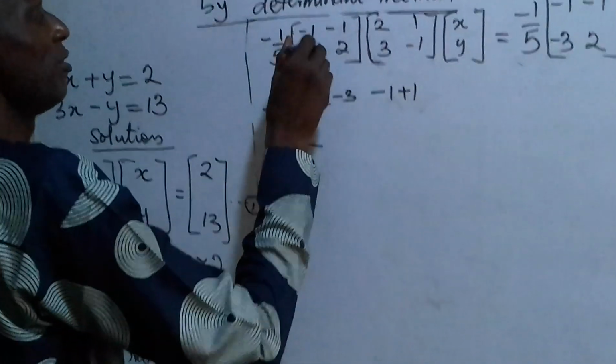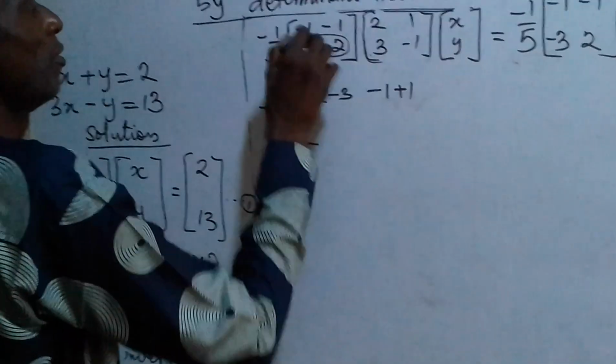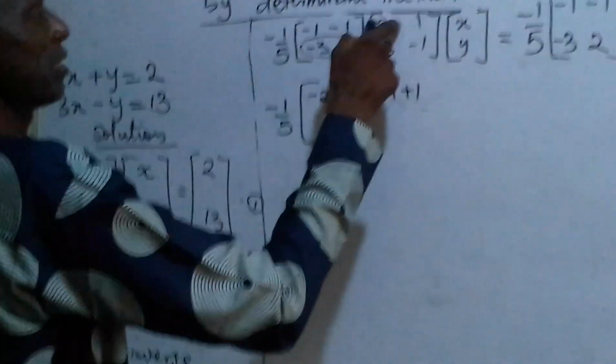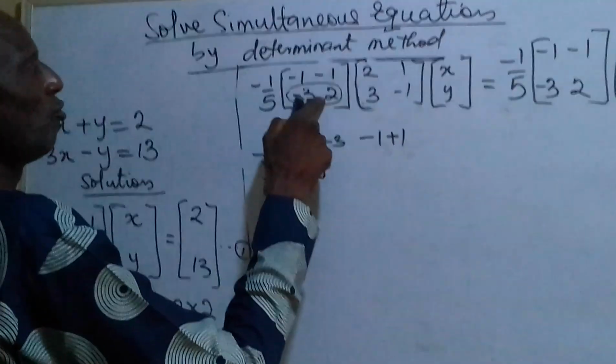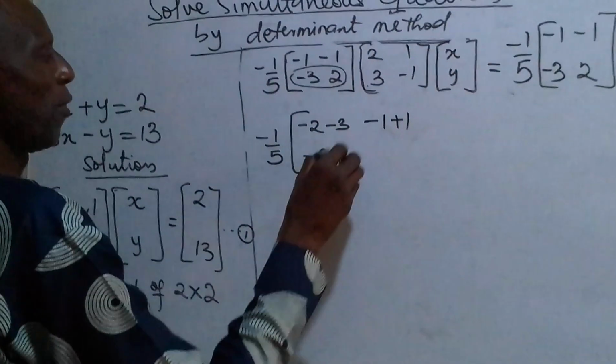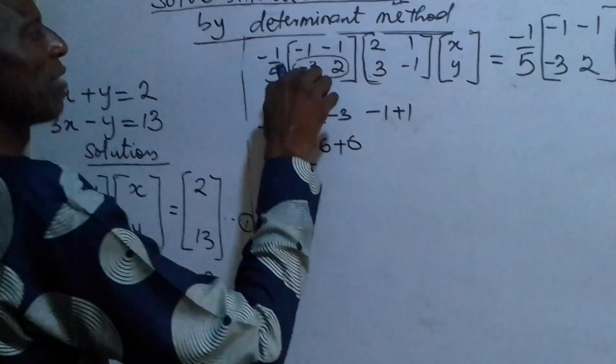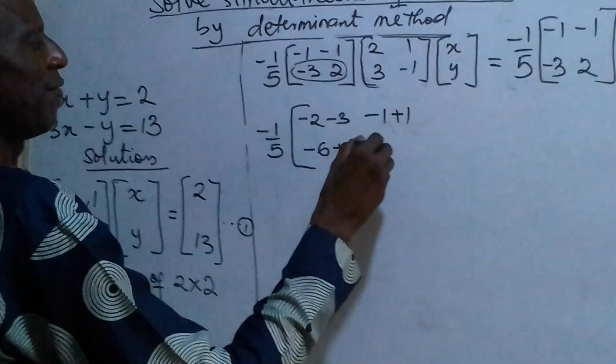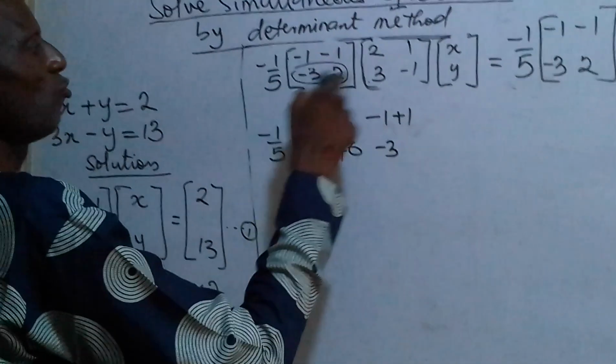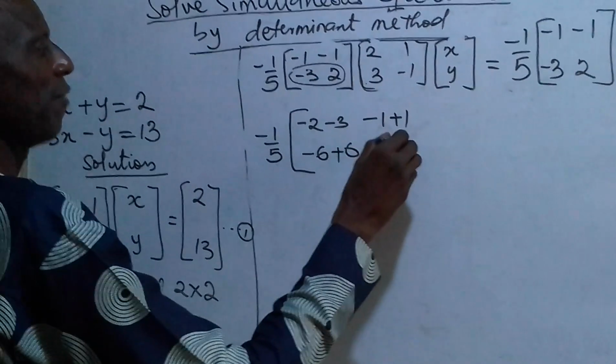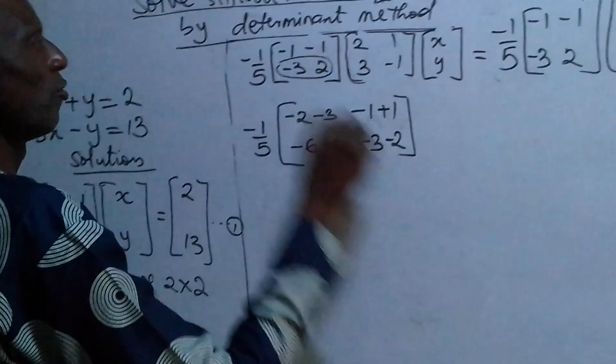I will now use the second row to multiply. Minus 3 times 2 is minus 6. Then 2 times 3 is plus 6. Minus 3 times 1 gives us minus 3. Then 2 times minus 1 gives us minus 2. So we are through with that.